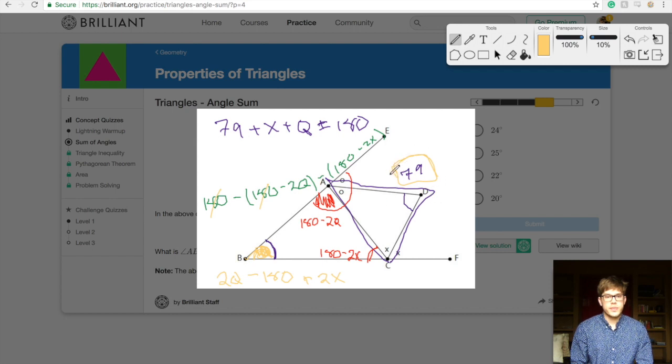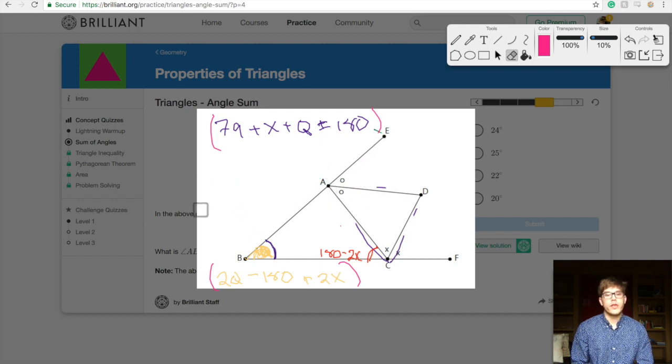Oh, I see. Let's subtract. So our most important equations here are which ones? We have this 2q minus 180 plus 2x, and this 79 plus x plus q equals 180. So let's do some erasing. Let's clear up some of the board.